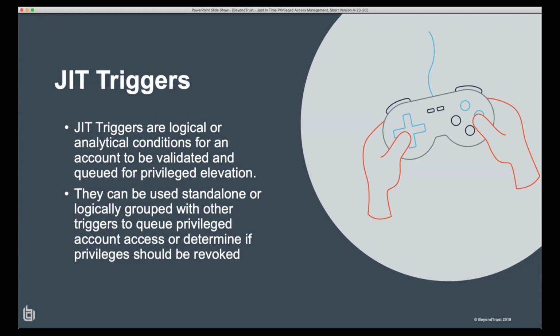Now, triggers as a concept, and we'll go through them in detail, can be one at a time, they can be sequential, they can be connected via Boolean-style logic, so that you could say, I am located in this office on this subnet and it's business hours, therefore I should be able to have it.